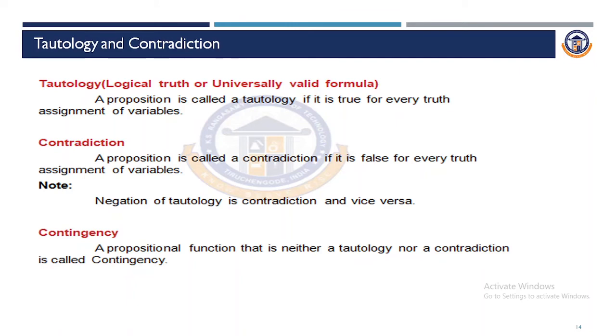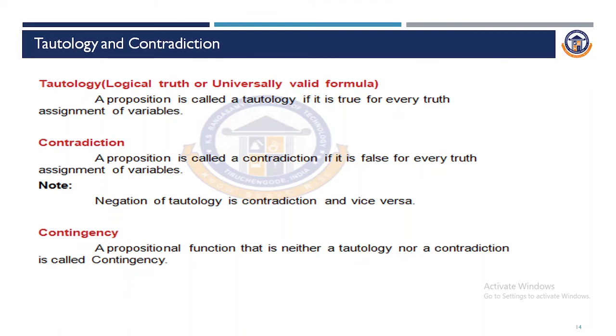Right. Next one, tautology. Tautology means a proposition is called tautology if it is true for every truth assignment of variables. That is, if the resultant truth value is true, it is a tautology.